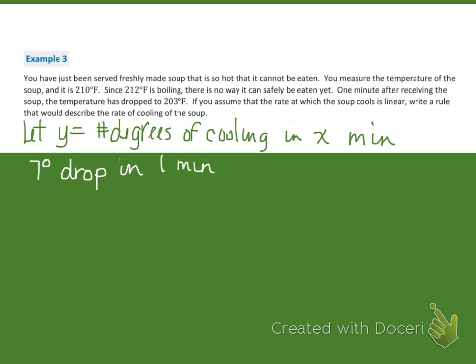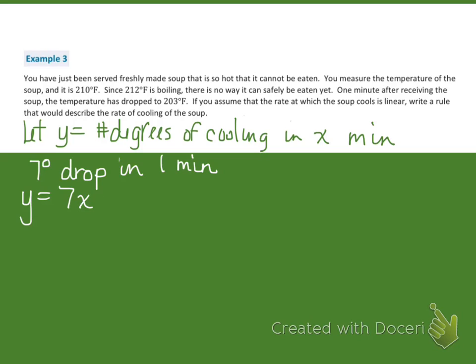So that would be its rate, right? 7 degrees per minute. So our function, we could say our function is y, the degrees of cooling. So the drop is 7 times the number of minutes. So y equals 7x. In x minutes, if I multiply that by 7, that's going to be the amount that the soup has cooled off.